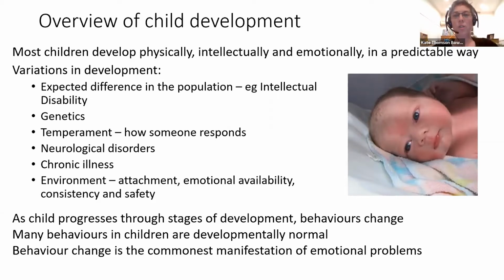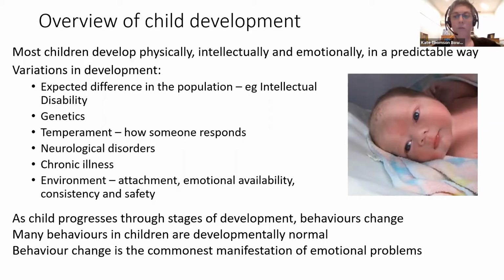But development is hugely impacted by those early developmental milestones, and a lot of concentration and focus is now being put into what is the first 2,000 days, that's the first 5 years of a child's development, and how can we give every child a secure attachment, emotional availability, consistency and safety so that they optimise their own development. As a child's development progresses, the behaviours automatically change, and many behaviours which are considered to be atypical or challenging at one age were completely normal at another age and stage.